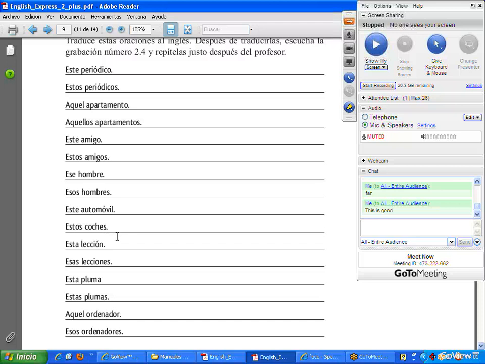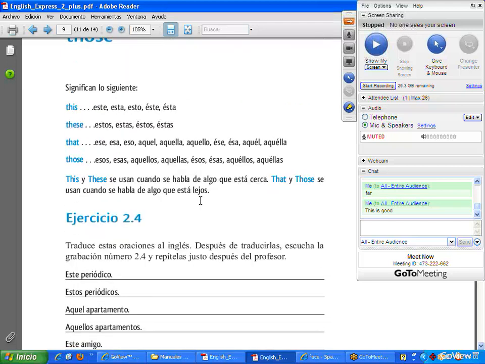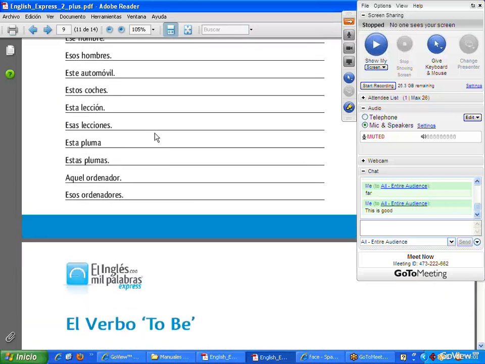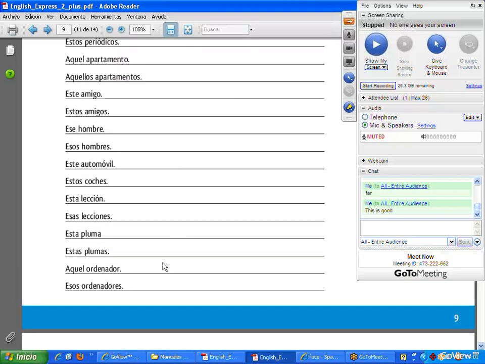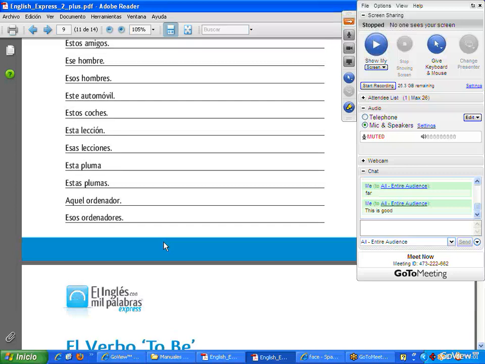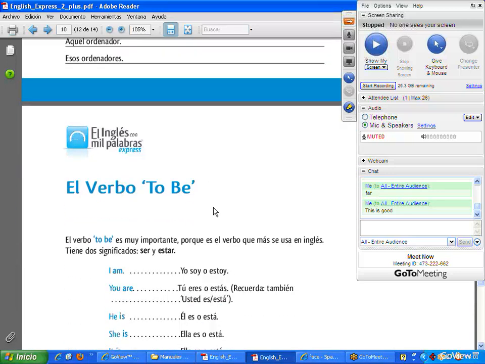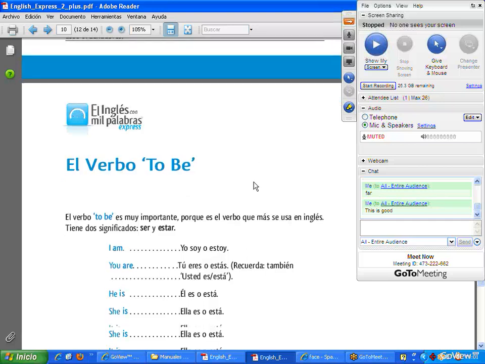Next, we have the verb to be. Okay, it's very, very important. It's a very important verb in English and in Spanish. Okay, so in Spanish you use ser y estar. In English, solo to be.